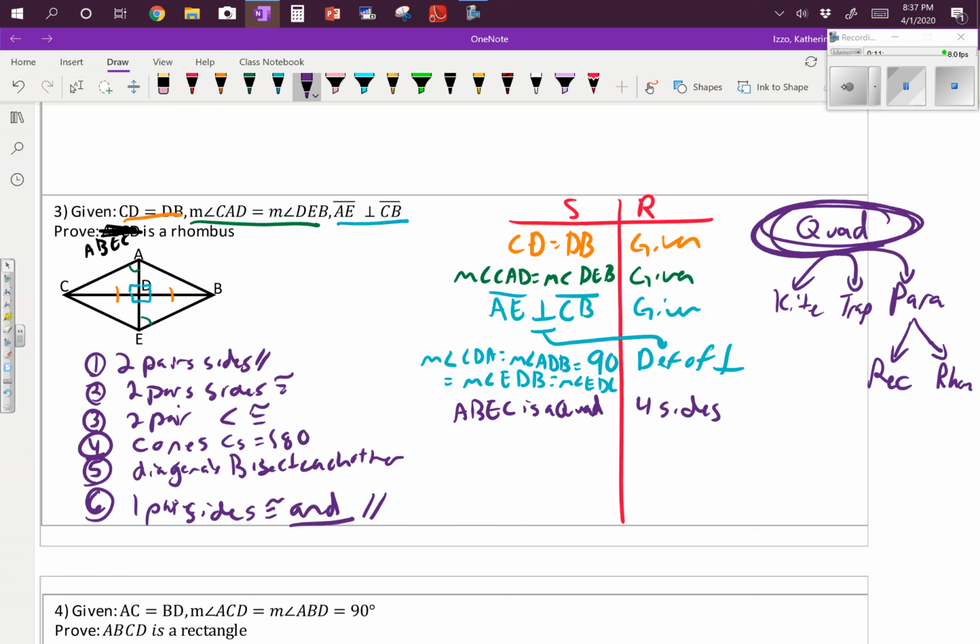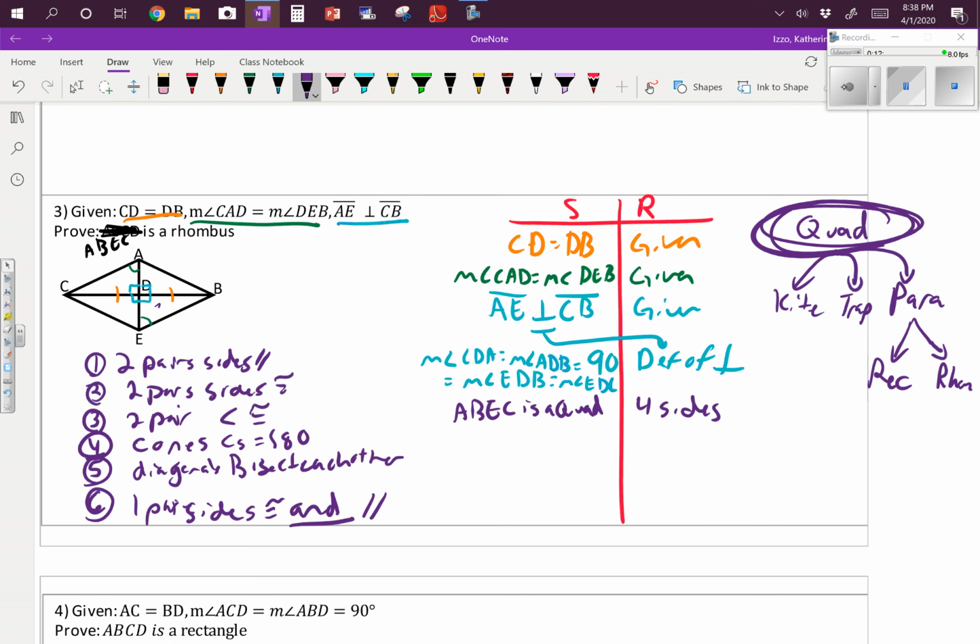At this point, we cannot prove 2 pairs of sides parallel. We can prove that this side is parallel to this side because we've got that angle at A and E. So I can go from purple to purple. But I cannot prove this side and this side because there's nothing that goes from purple to purple. So proving 2 pairs of sides parallel could be difficult. Proving 2 pairs of sides congruent could be difficult.